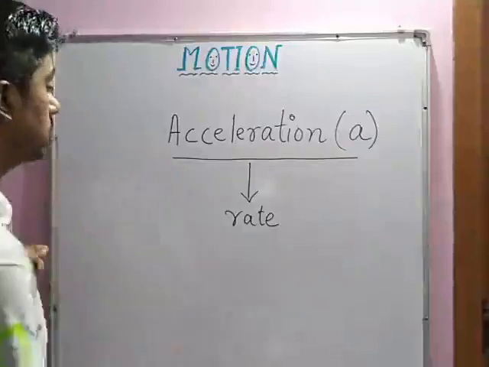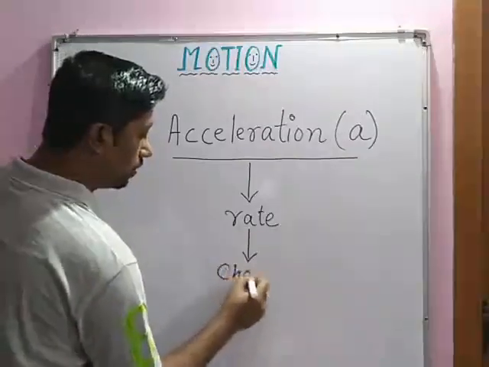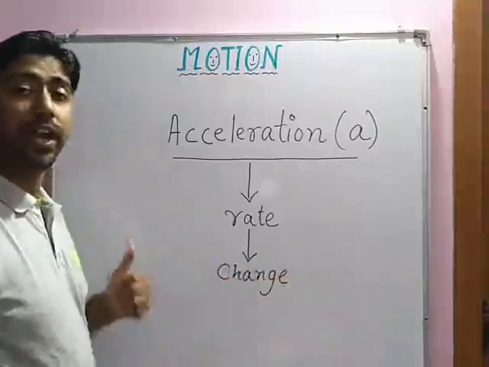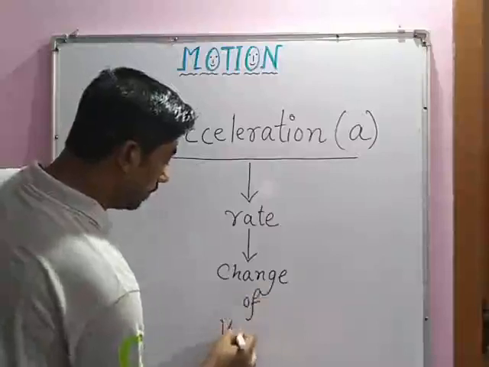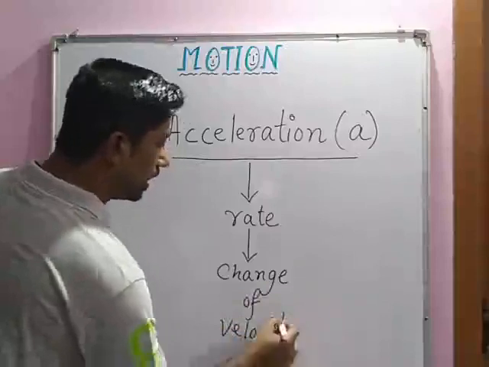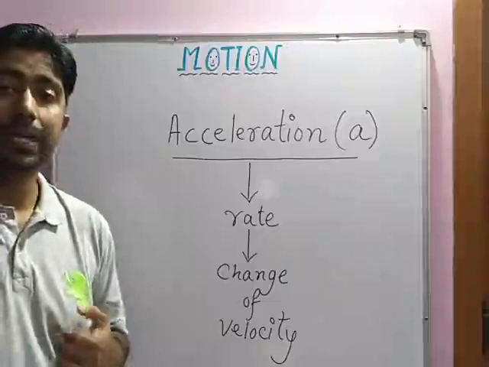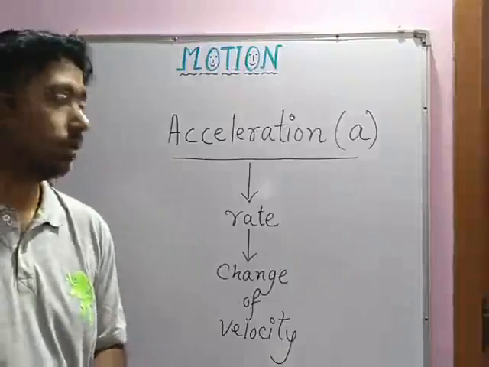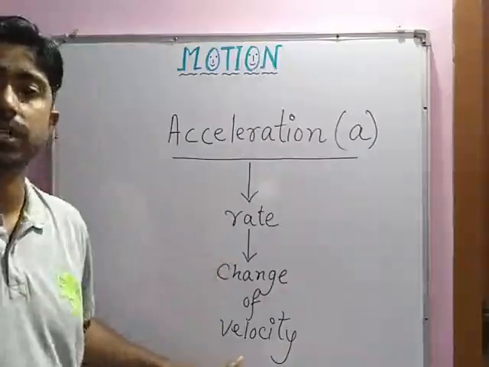Rate of change of some physical quantity. Or we can say the rate of change of velocity. So acceleration is that physical quantity that measures the rate of change of velocity. Okay? It will measure the rate of change of velocity.